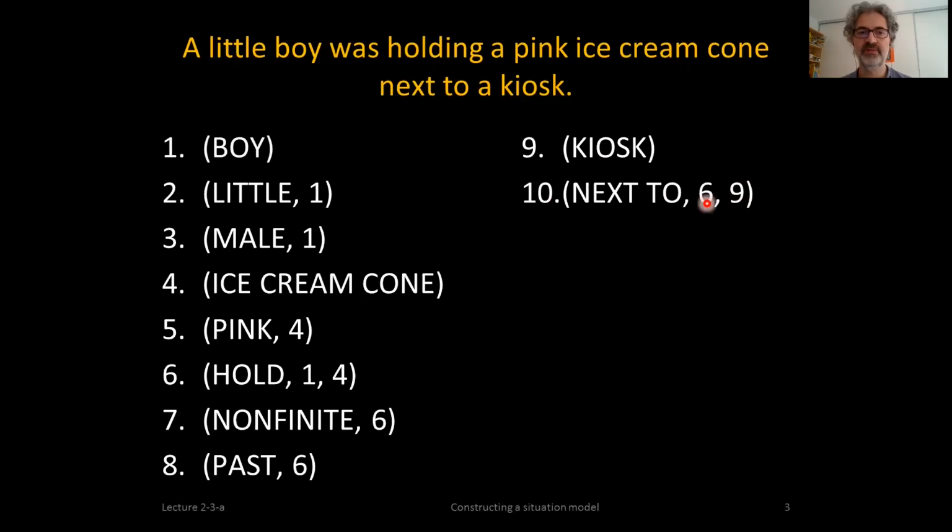So this preposition is a spatial connection in space, linking this state of affairs, the holding situation, with a location indicated by this noun. So this is what we have in our mind after we've done reading this sentence.